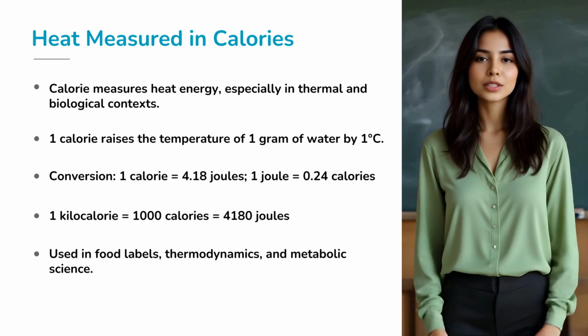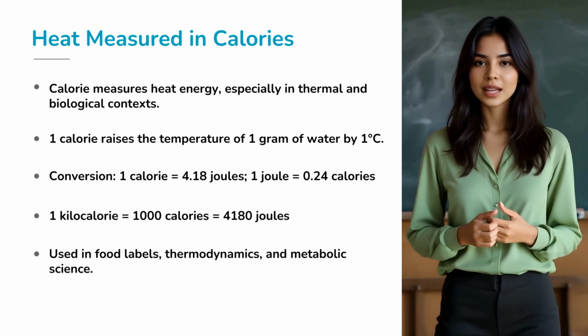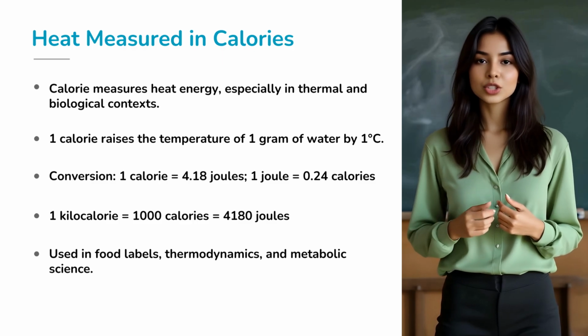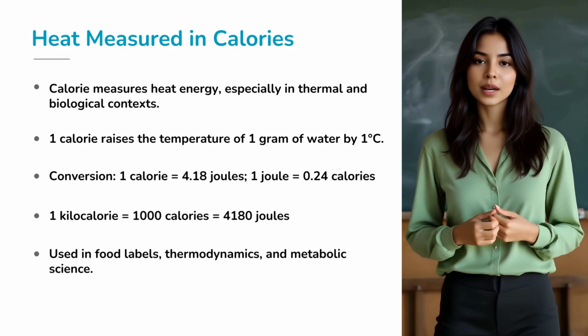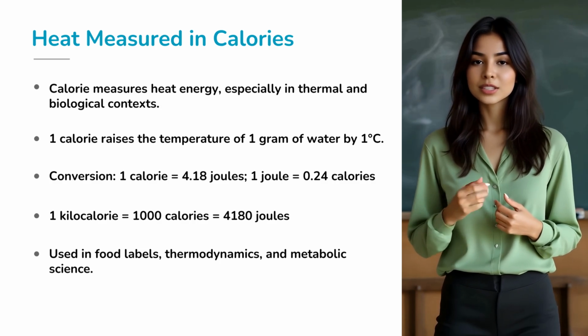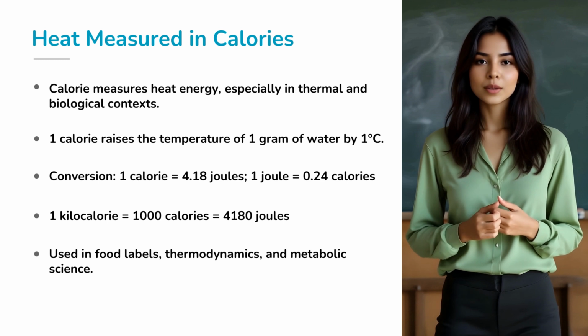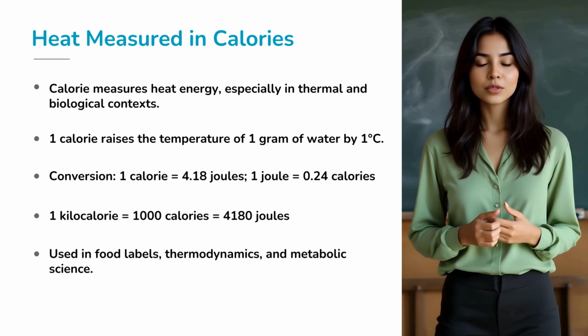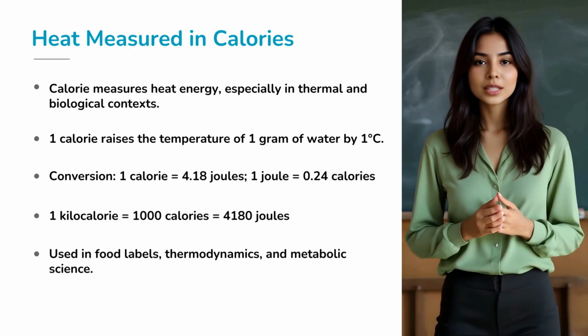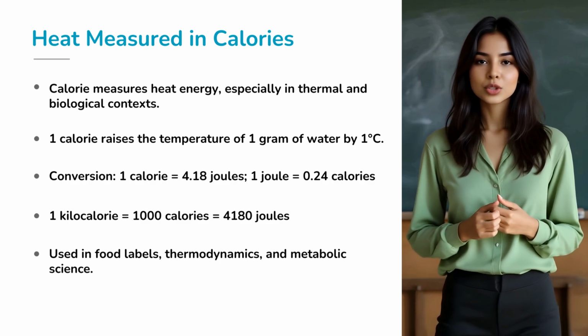Now let's talk about something close to our plates, the calorie. Yes, the same unit we see on food packets is actually a unit of heat energy. A calorie is defined as the amount of energy required to raise the temperature of 1 gram of water by 1 degree Celsius, from 14.5 to 15.5 degrees. It's commonly used in thermodynamics and nutrition.